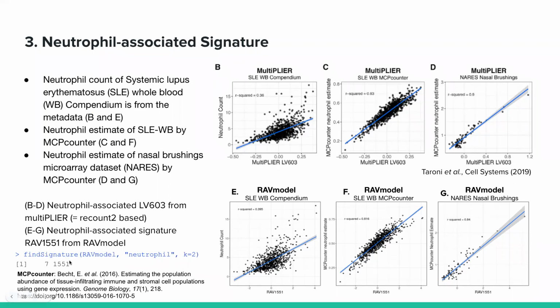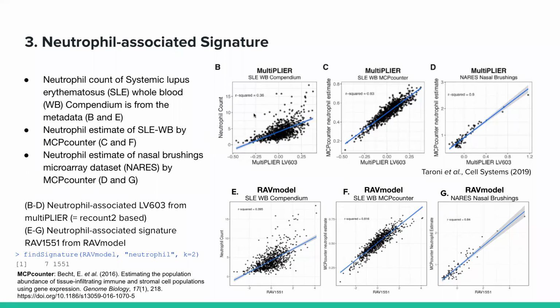So their objective here in this particular thing was finding a way to use transcriptome data to predict neutrophil count in data sets where neutrophils had not been counted, and comparing this both to actual neutrophil counts and also to a model developed specifically for predicting neutrophils, this method called MCP counter.